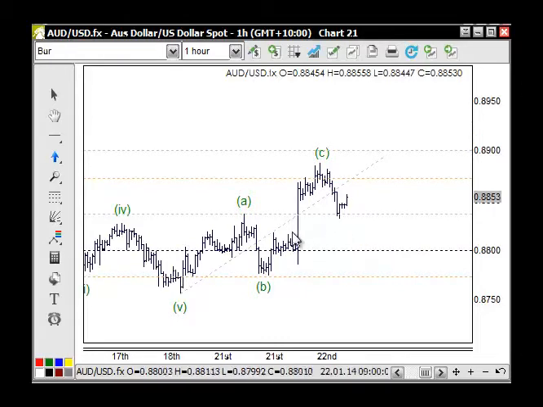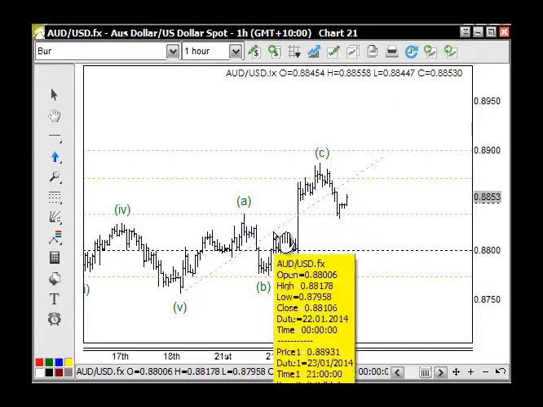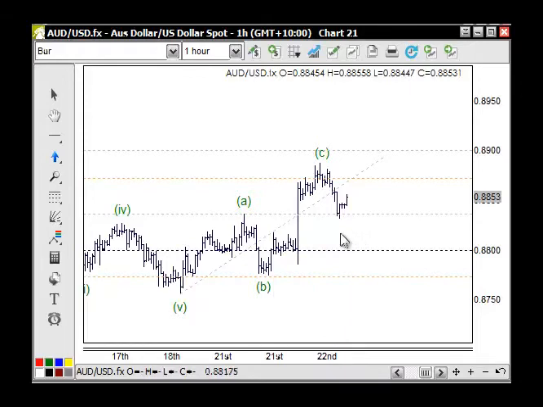So technically, we really need a breach of the top of wave 1 here, that high there at 81.20. That's what we need to see: a move down into 81.20 to breach that, to create overlapping wave structures again, to confirm the bearishness from this wave C coming down further.